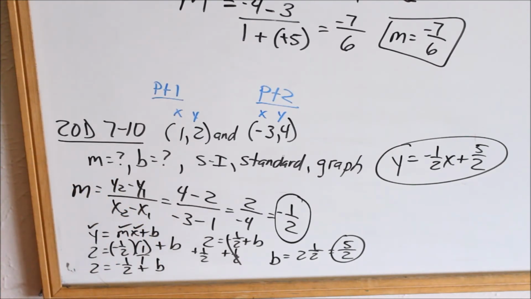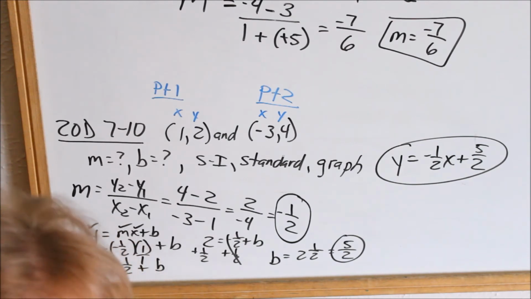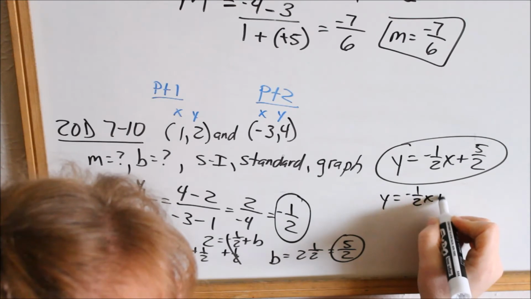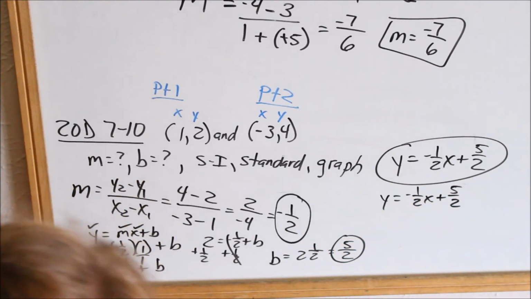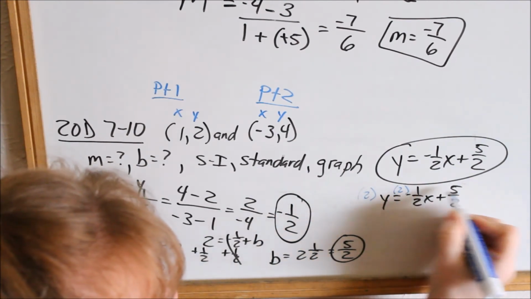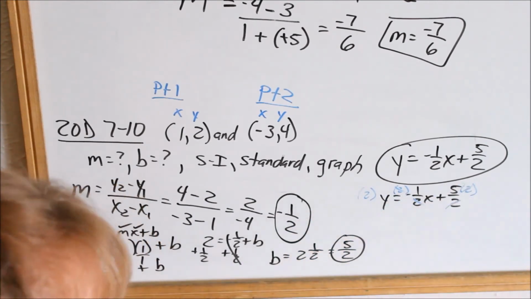Now I need to put it in standard form. Standard form means there are no fractions, and x and y are on the same side. Both of my denominators are 2, so if I multiply everything by 2, then all my fractions will go away. That will cancel, that will cancel.